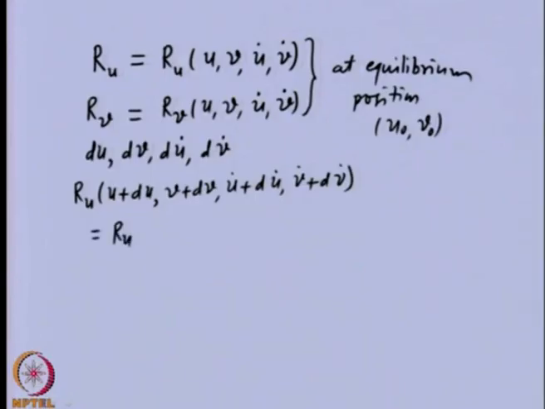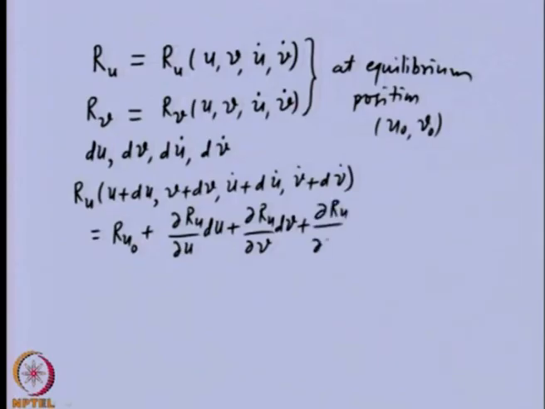So, let us say the reaction force in the u direction is the force at the equilibrium position plus the variation components. This is the variation in du, then the variation in dv, and the velocity components.